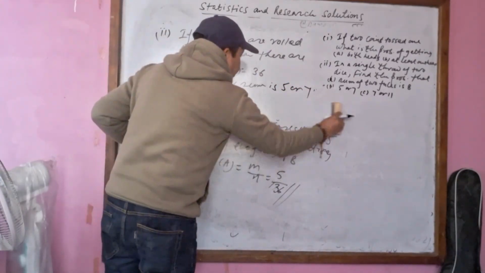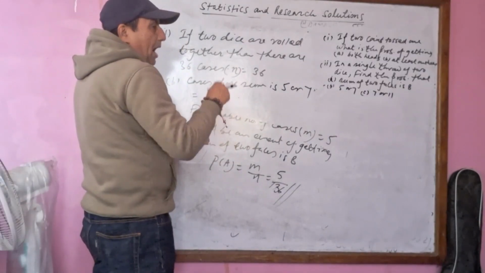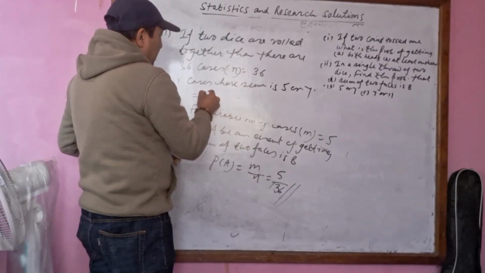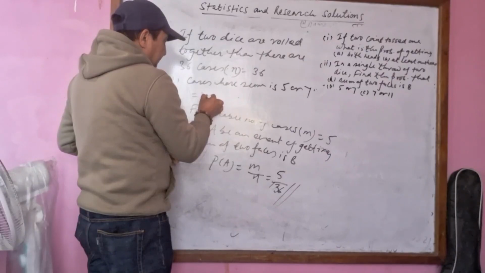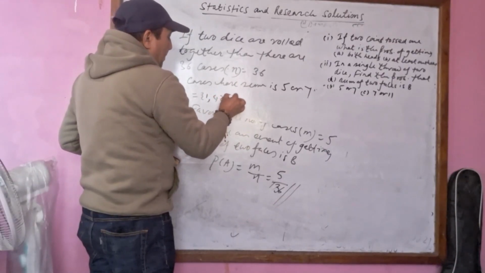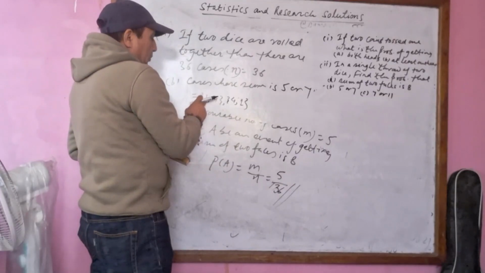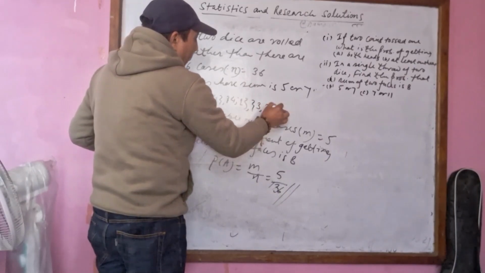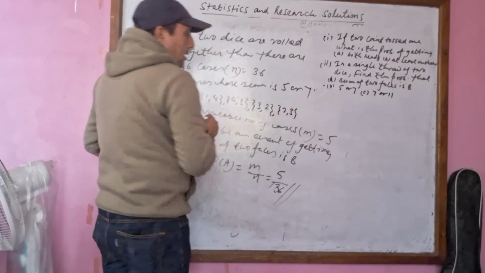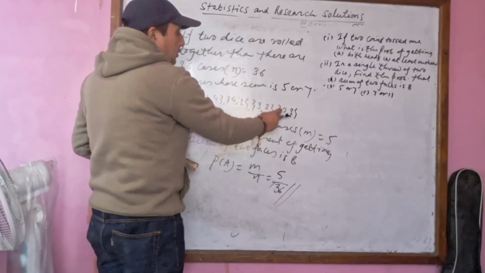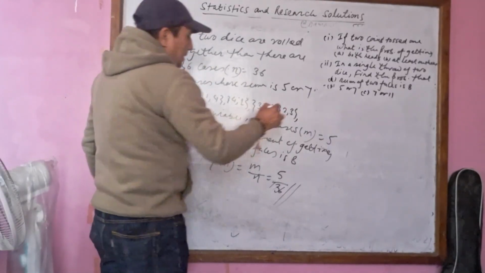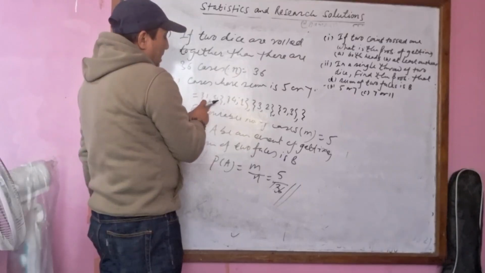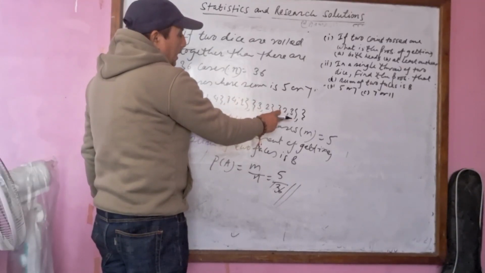For 5, just see: 1 and 4, 4 and 1, 3 and 2, 2 and 3. That much, I think, for 5: 1, 2, 3, 4.